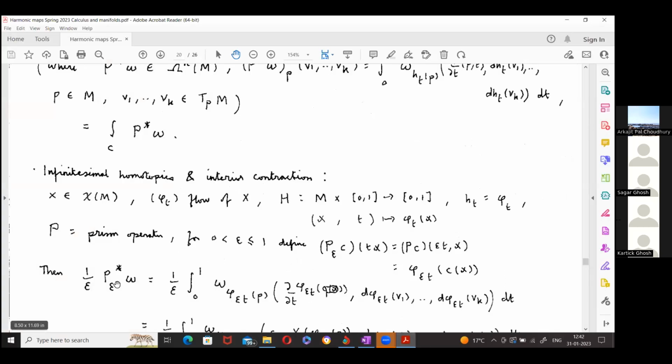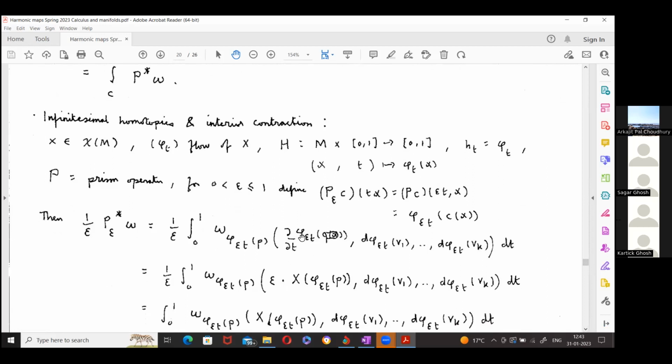So let's calculate this P epsilon star of omega, and divide that by epsilon. So that's 1 over epsilon times P epsilon star of omega; you follow the definition given above. That will be an integral from 0 to 1 of omega at phi epsilon t of p, applied to del t of phi epsilon t of p, and then d phi epsilon t of v1 up to d phi epsilon t of vk.